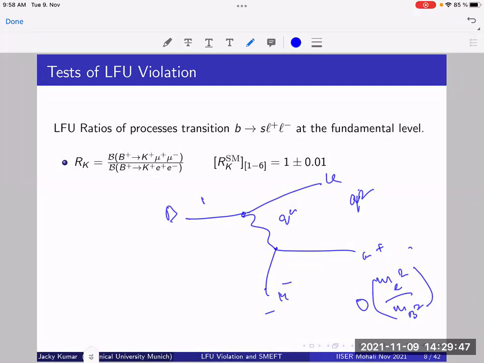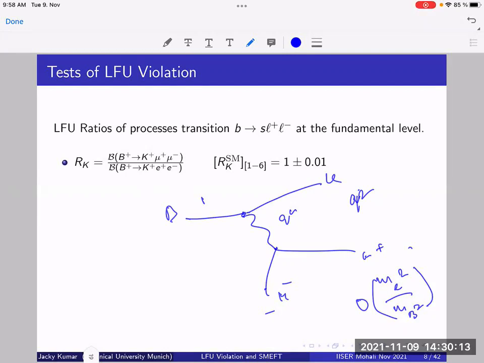Another way to break a similar thing is through Yukawas. So in the standard model, as you know, Yukawa interactions distinguish between e, mu, and tau, but that's again proportional to mass. So you can break lepton-flavour universality in the standard model in these two ways, but both are proportional to the lepton mass, and they are small effects.